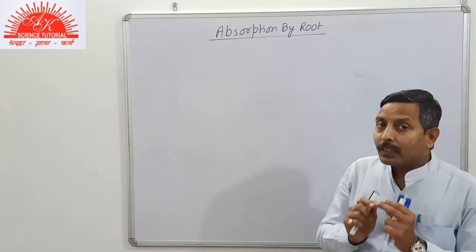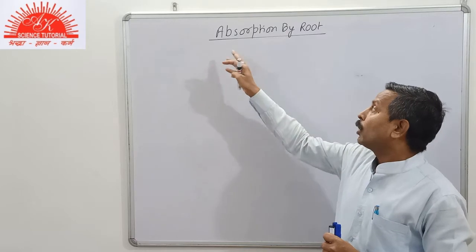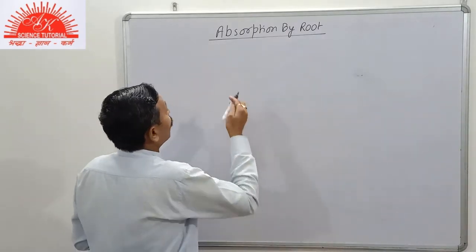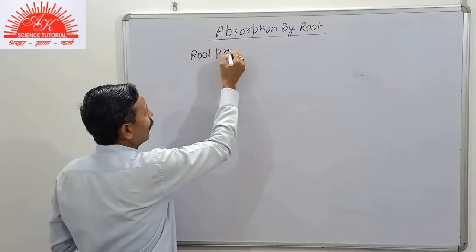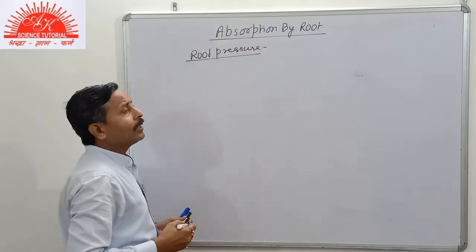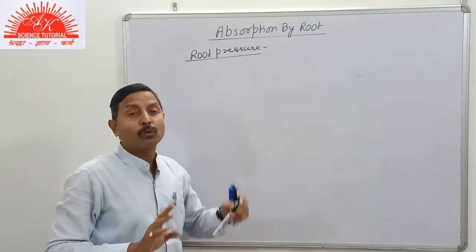So first of all we start with the absorption of water by root with root pressure. We used the term root pressure earlier while explaining turgidity. Now, what is root pressure? As the name suggests, it is the pressure developed in the root.